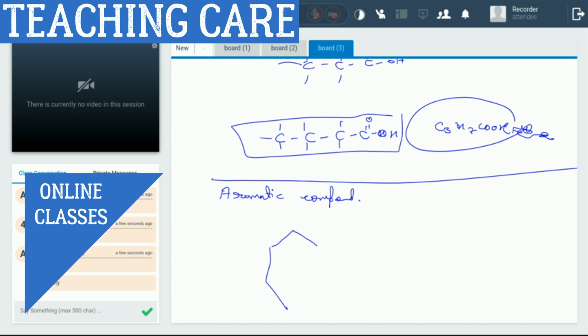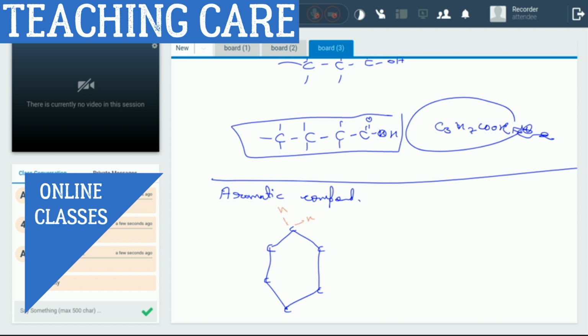Before I make the benzene, suppose at every corner there is a carbon. If this carbon is already attached with two carbons, obviously how many hydrogens are left here?